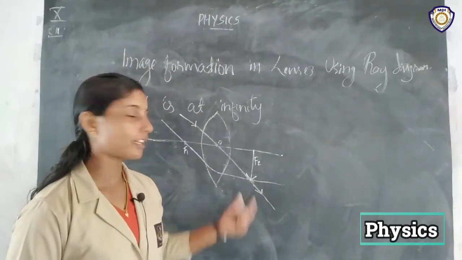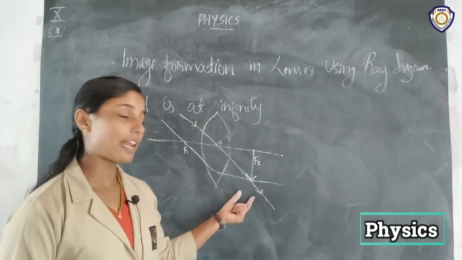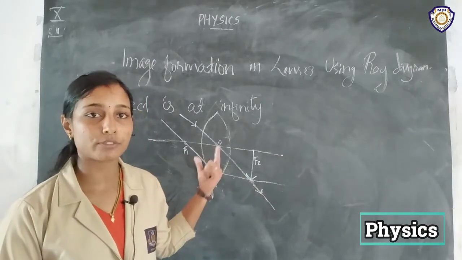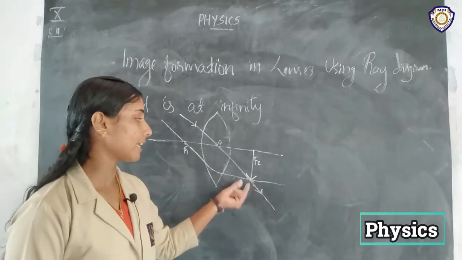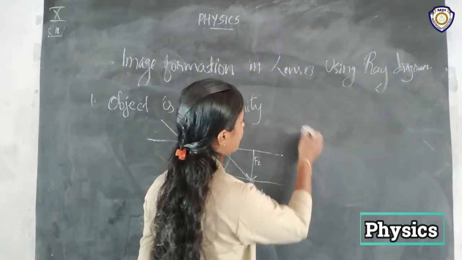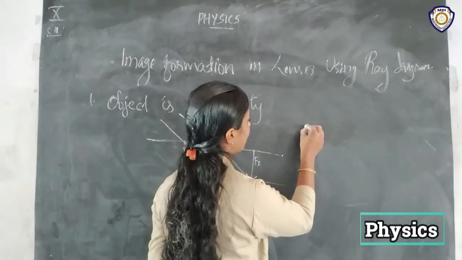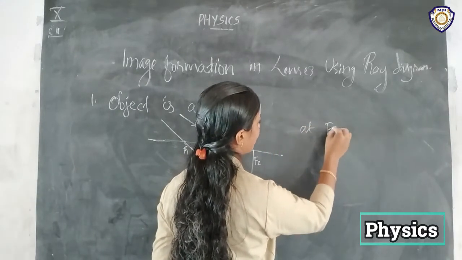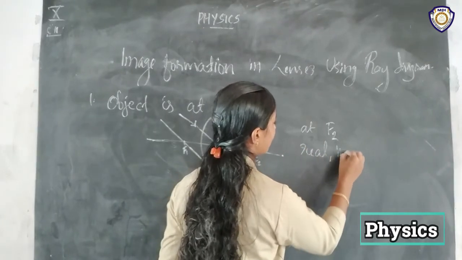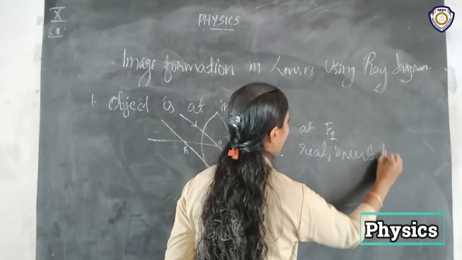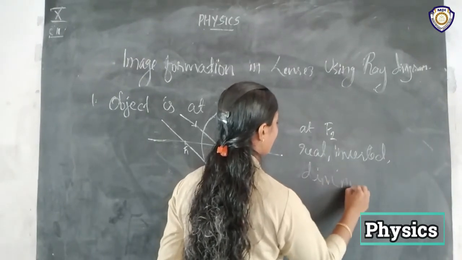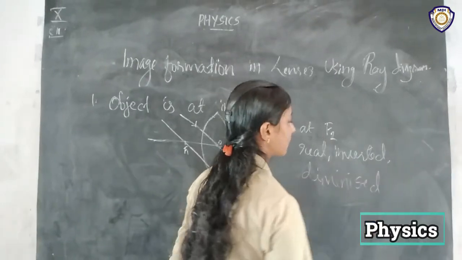And what is the nature? Yeah, it is a real, inverted image, having smaller size than that of the object, right? So it is a diminished image. Okay, so what are the features of the image? The image is formed at F2, and it is a real, inverted and diminished image, diminished in size.